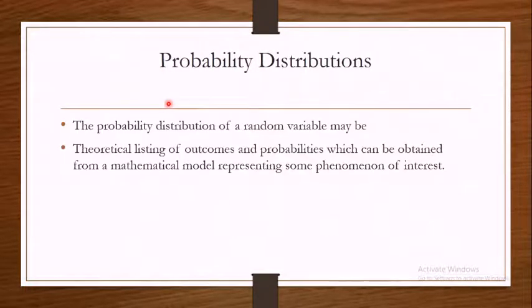This is the definition of a probability distribution. The probability distribution of a random variable may be the theoretical listing of outcomes and the probabilities, which can be obtained from a mathematical model representing some phenomena of interest.